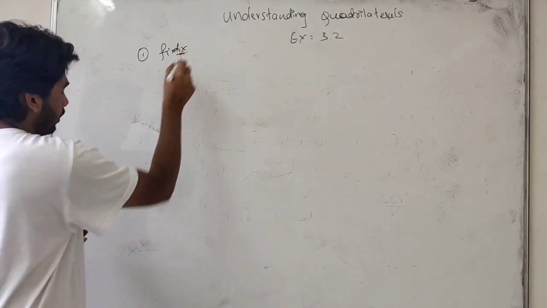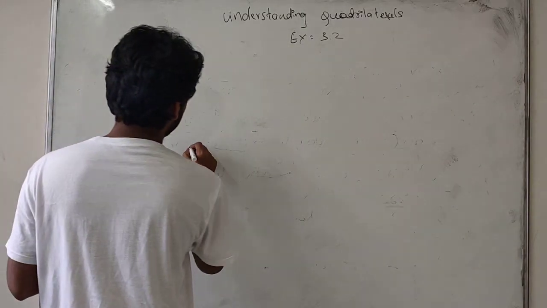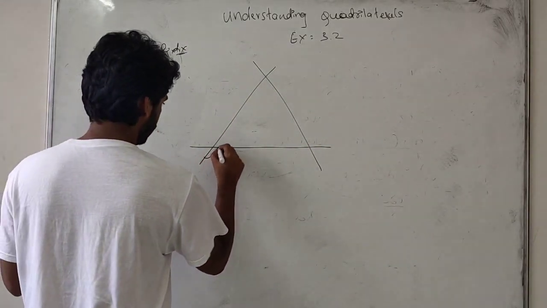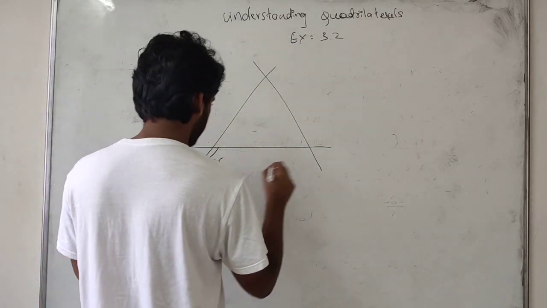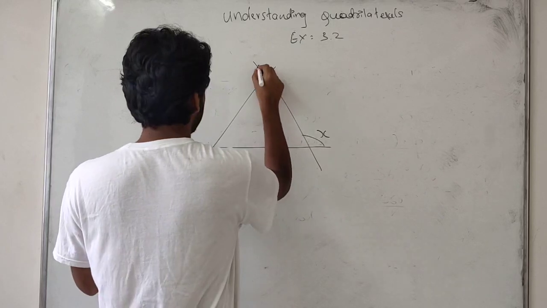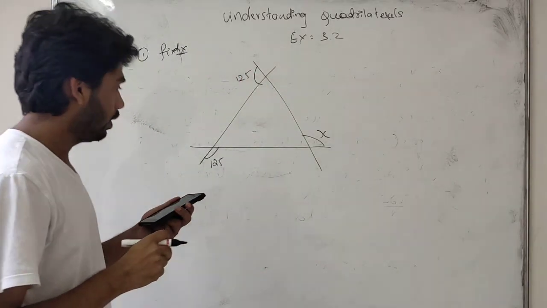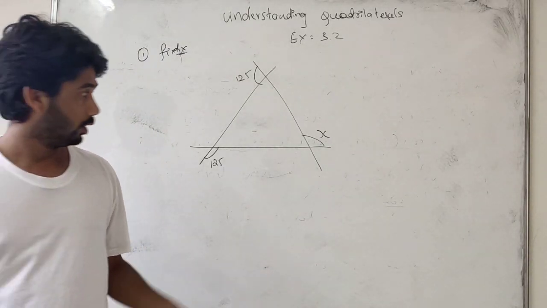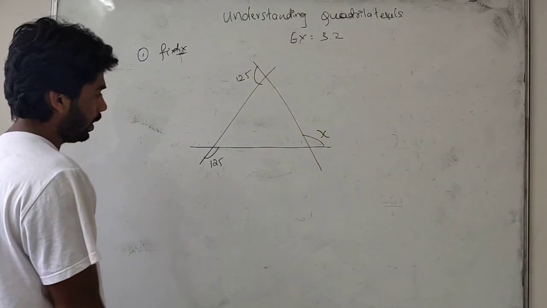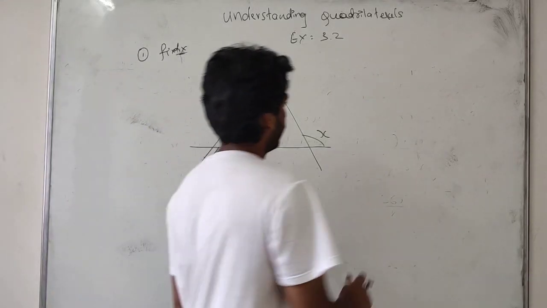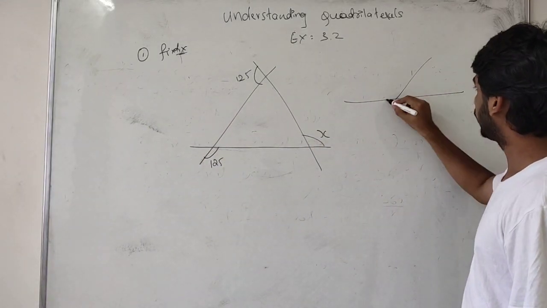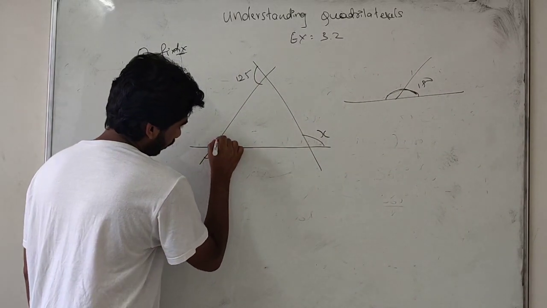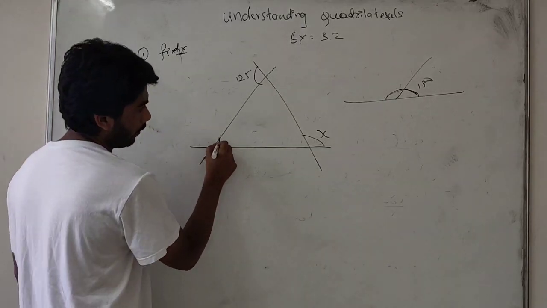First, the basic thing we have to know is that if a line is there, the total will be 180 degrees. So here, on the line, the total will be 180 degrees. So we have to find this one.